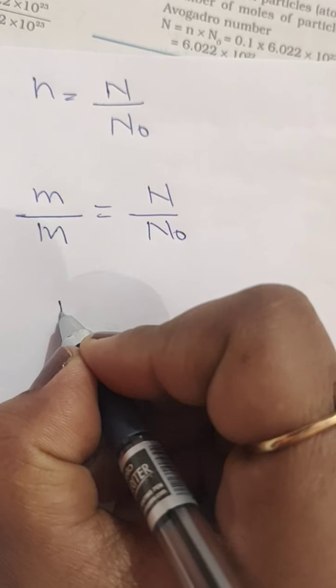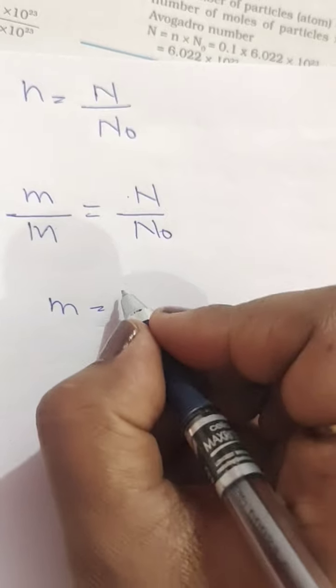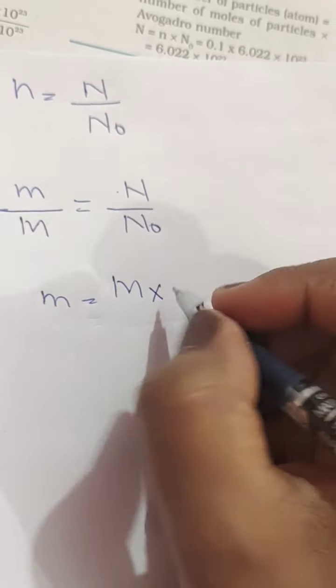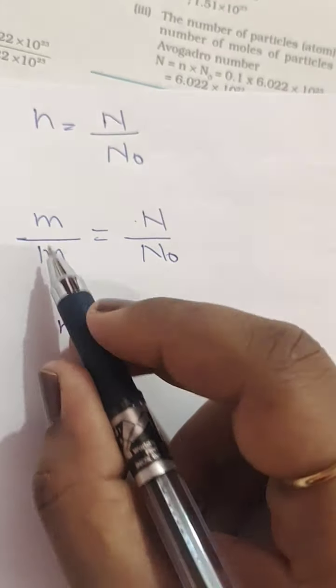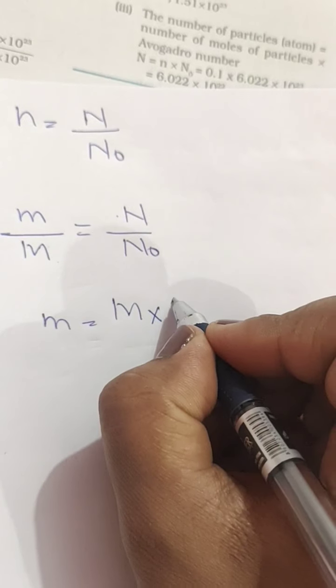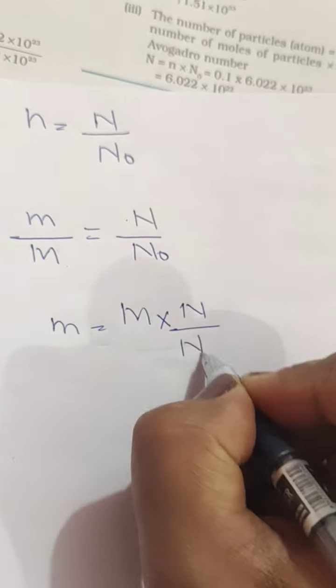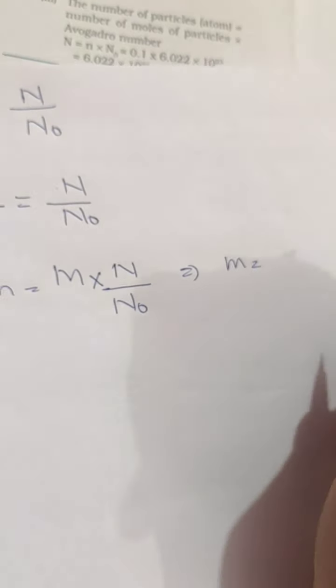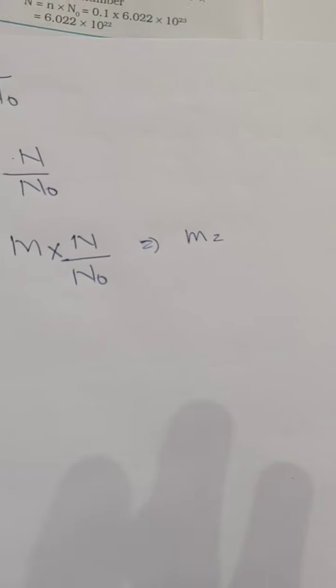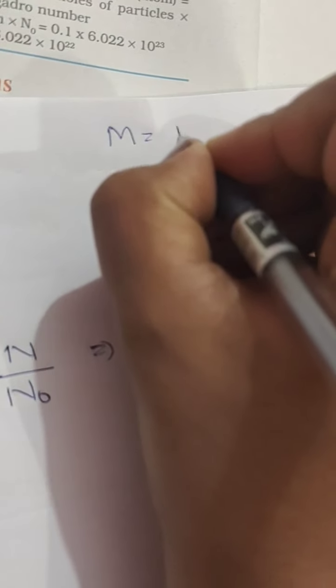Now it will be interchanged. How? Because we have to find out m, so this will go here. It will be M into this N upon N naught. So m we have to find out, and capital M is, because this is of nitrogen atom, the molar mass of nitrogen, so the molar mass is 14.